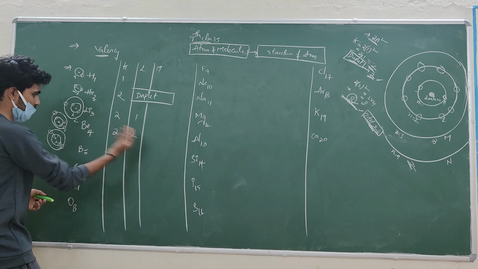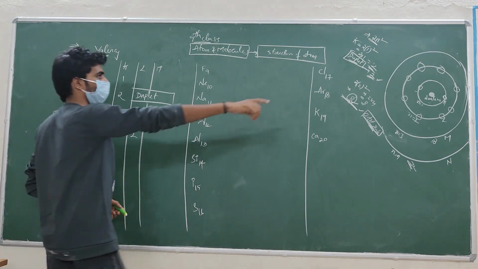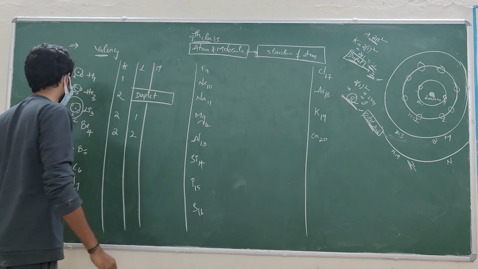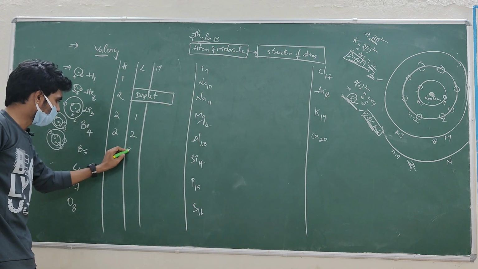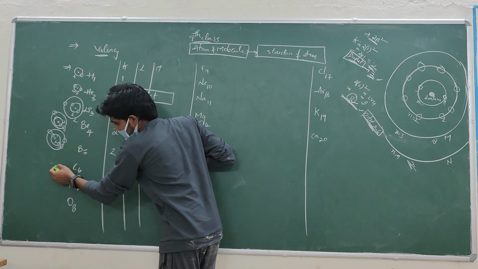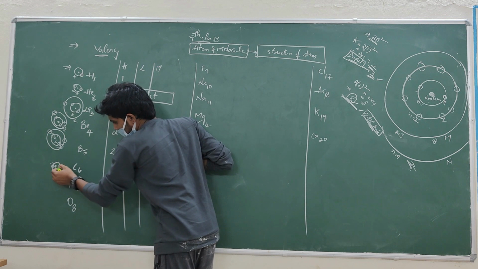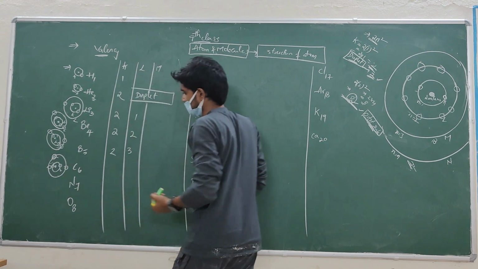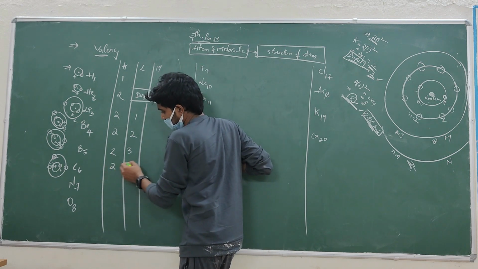After 2 electrons, do you need to put in 1 more shell? No, because its highest capacity is 8. So it is 2, 3. Coming to carbon, 2 in the K shell and 4 in the next L shell, so it becomes 2, 4.